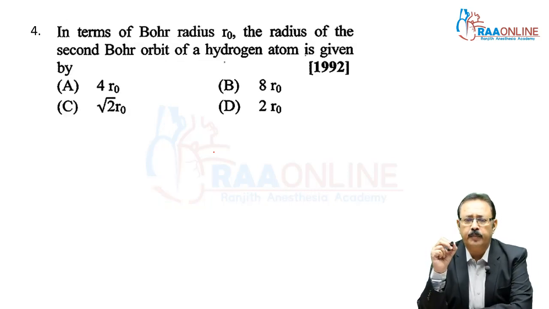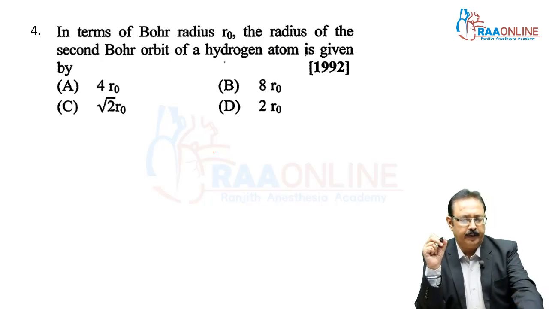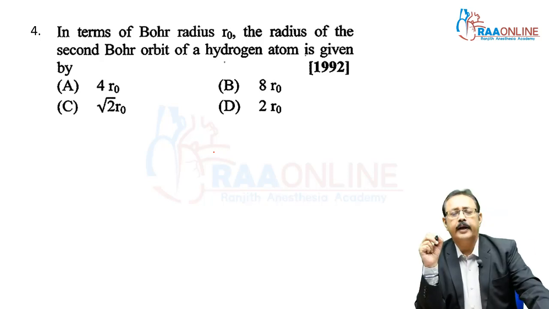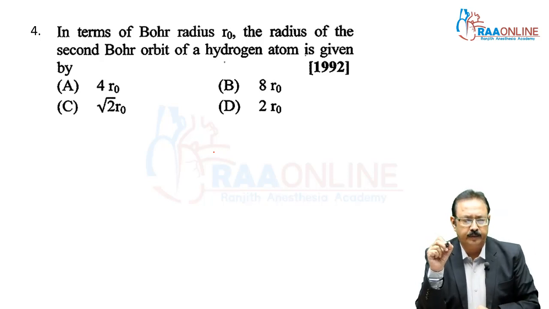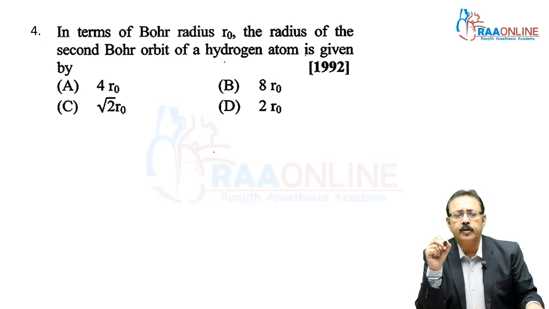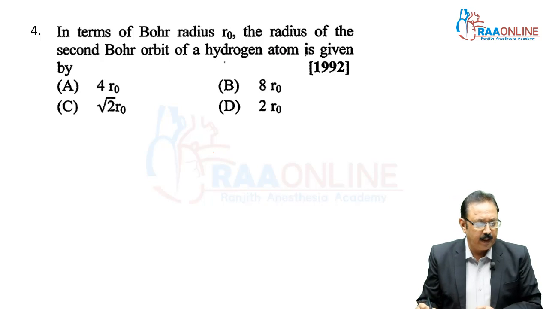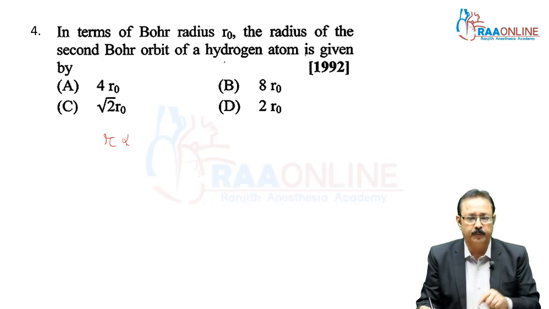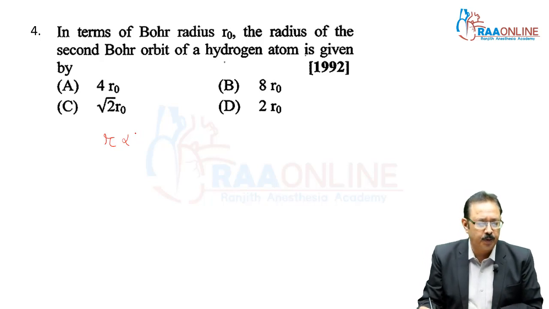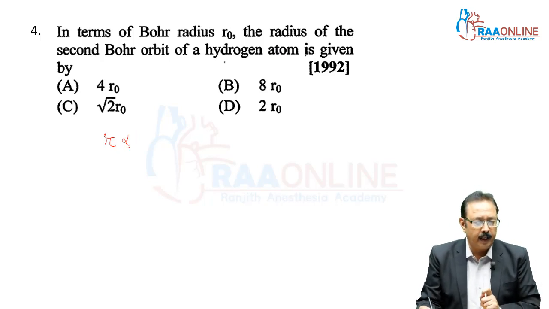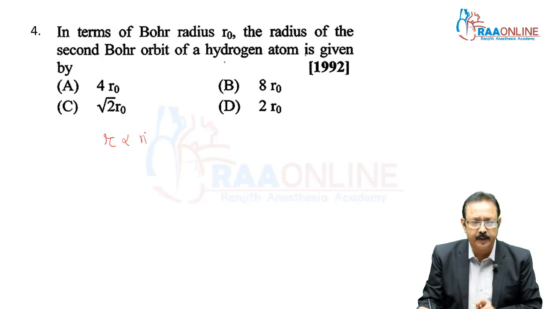Next, it is from 1992 AIPMT. In terms of Bohr radius r0, the radius of the second Bohr orbit of hydrogen atom is given by, I told you in the derivation that this type of problems are very important, and we have the complete derivation before starting these problems. R was proportional to n square by z.